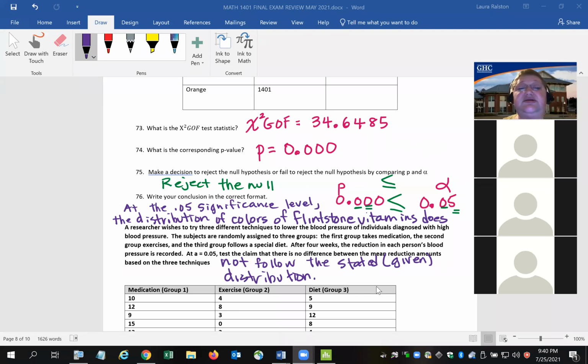Okay, other questions? I think we've hit everything for the most part except ANOVA and the confidence intervals, but you guys must be comfortable with those.